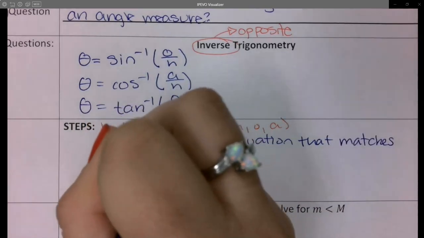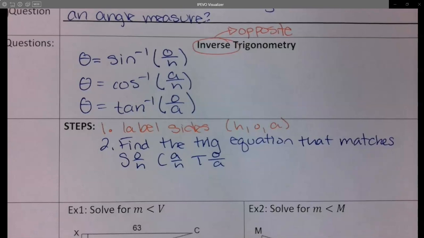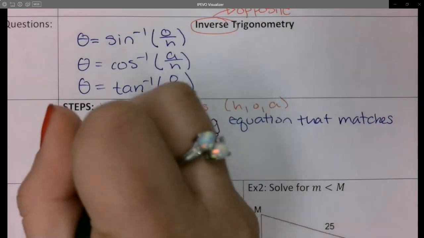Okay, so the next step I want to do is find the equation. And this is by using SOHCAHTOA. Then my next step is to fill in the equation.